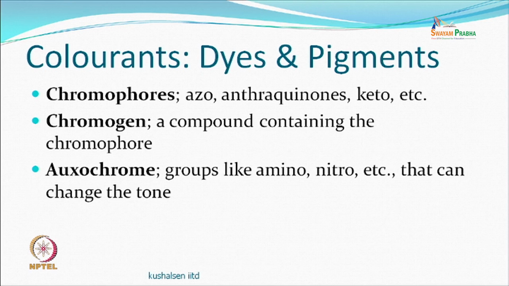Then there are auxochromes, which are smaller functional groups which can be attached at para, meta, ortho positions of a dye molecule, and they can change the tone. Let's say a blue can be a different blue, or a red can be a different red, if we keep playing around with some of these groups.